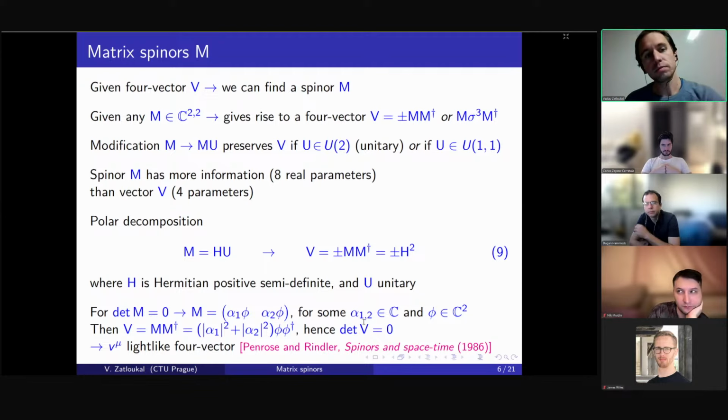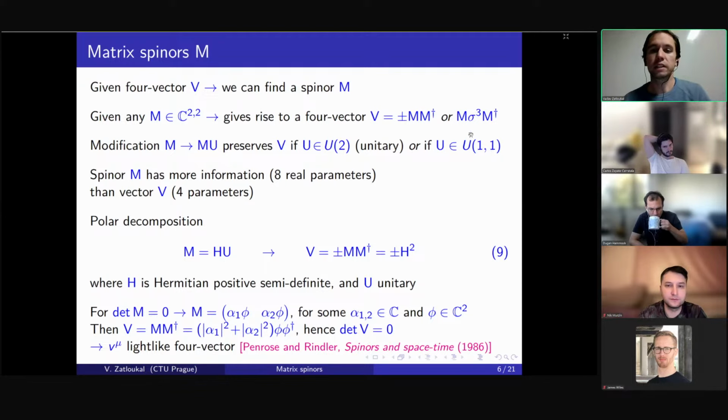And if we modify the matrix M by multiplication by the matrix U, then this preserves V if U is unitary for the time-like or light-like case, or for the plus minus M M dagger, or for the space-like case if U is from the Lie group U(1,1).